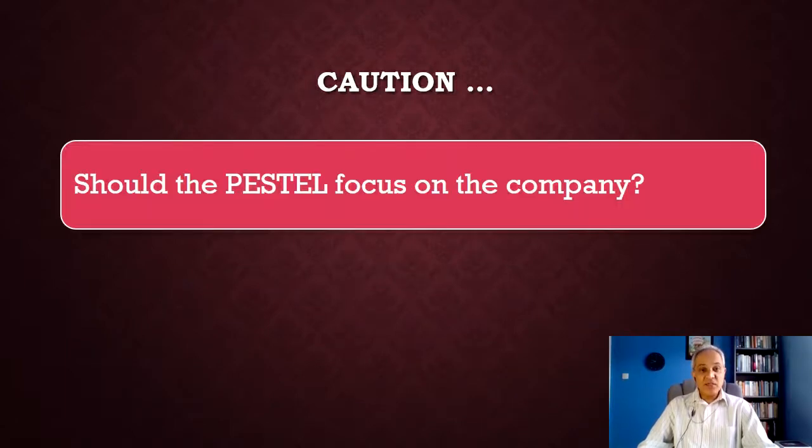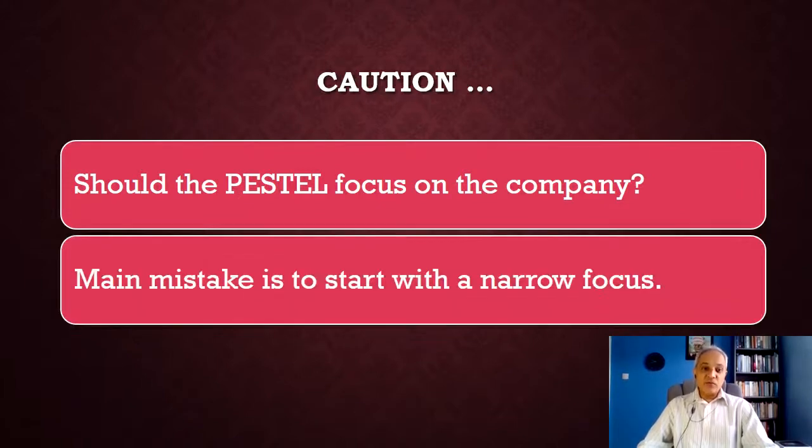The first one I get asked is, should the Pestel focus on the company? Now, the main mistake you can make is to focus on the company too narrowly to begin with. Yes, you have to bring your analysis to bear on the industry and on the company. That you have to do.